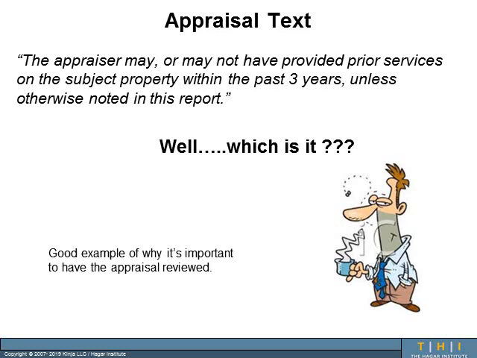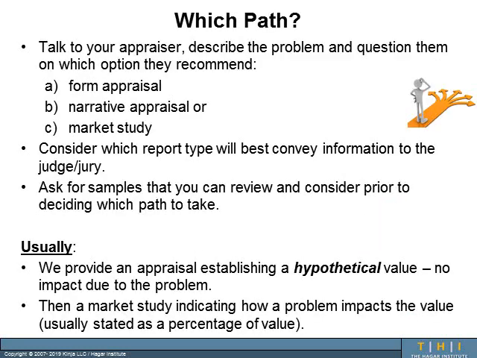It's boilerplate. Maybe I did, maybe I didn't, so read somewhere else. This is a terrible way to have done something like this. But I often see this in form appraisals because they were written for banks and a lot of boilerplate. And you shouldn't have this sort of boilerplate in your legal appraisal.